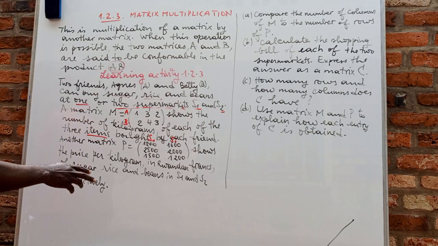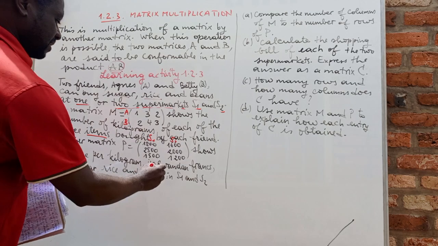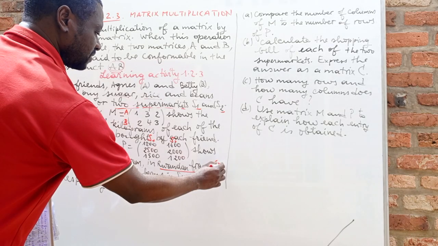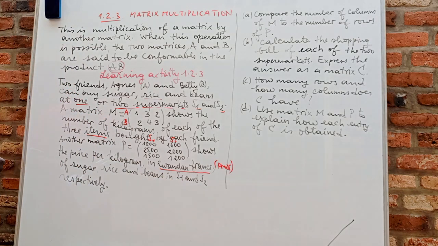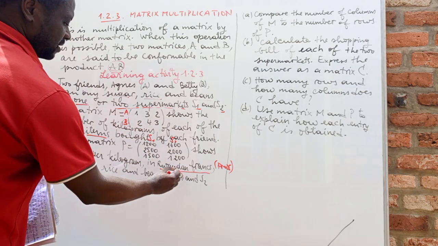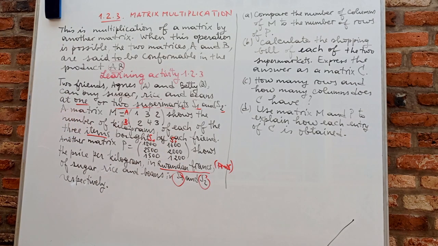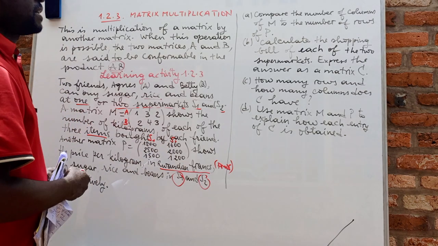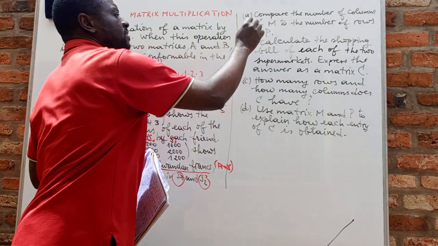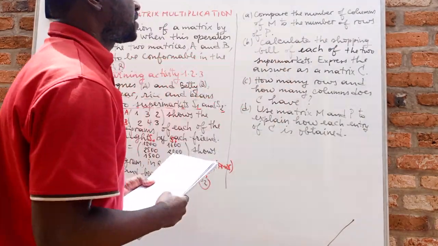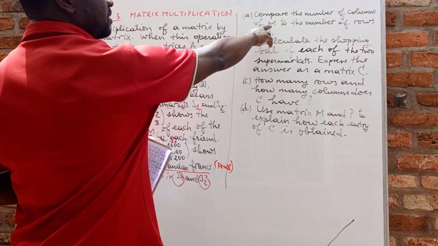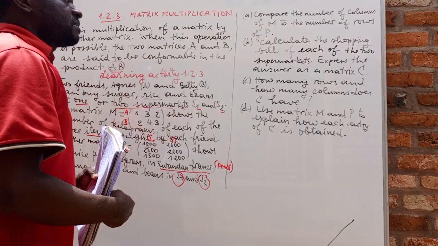The prices are given in 100 francs respectively. Okay, now first question: compare the number of columns of the first matrix M to the number of rows of the second matrix P.